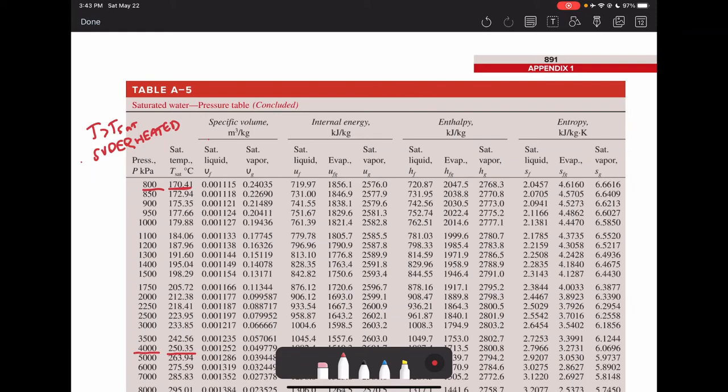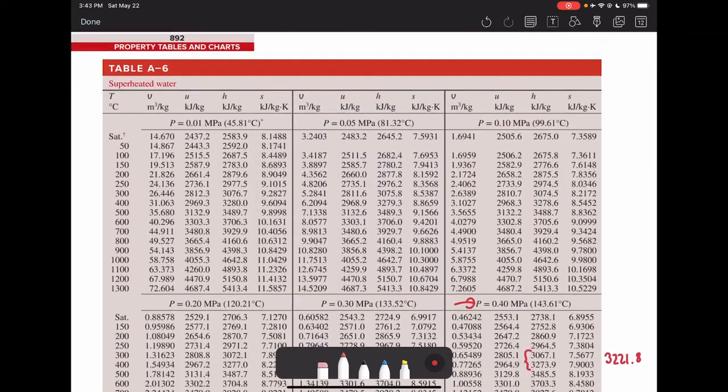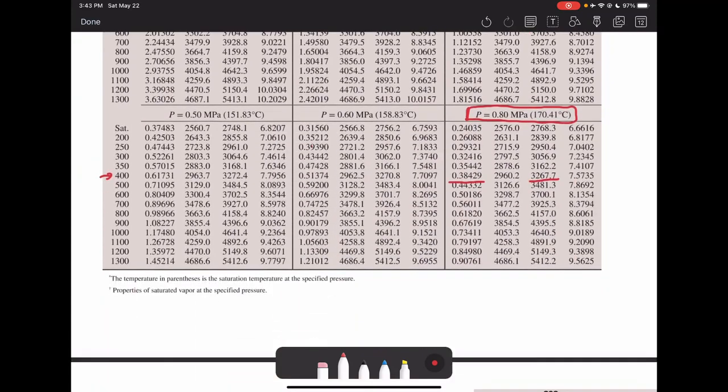And since it's superheated, we can go to table A6, where we have our superheated data. We go to 0.8, and we're going to go to 250 degrees for this problem. And we see that at 250 degrees, we have a V2 that is equal to 0.29321.